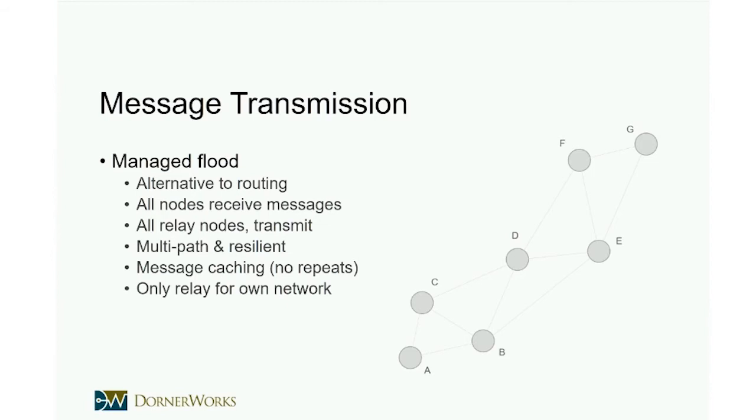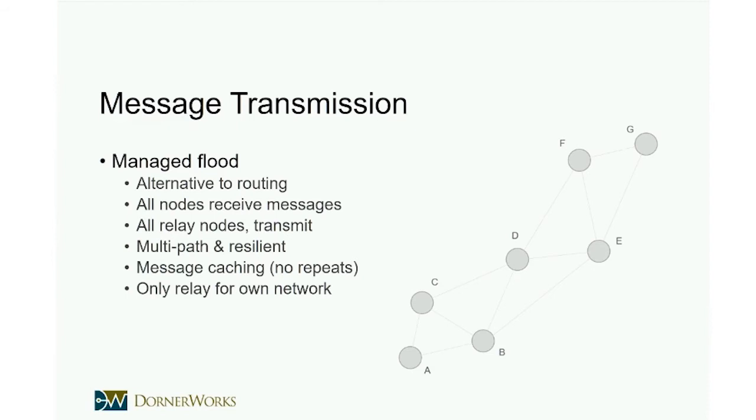In a non-managed flood, every single node would simply retransmit all the messages that it gets, and you could have a lot of traffic that way. But a managed flood is something where not every single message is going to be repeated, or the messages have kind of a time to live, and I'll get to that in a couple slides.